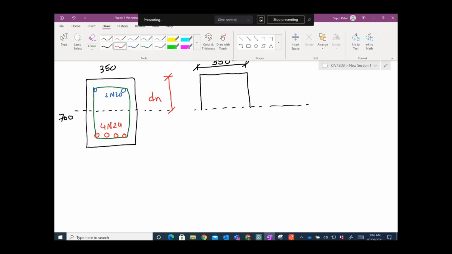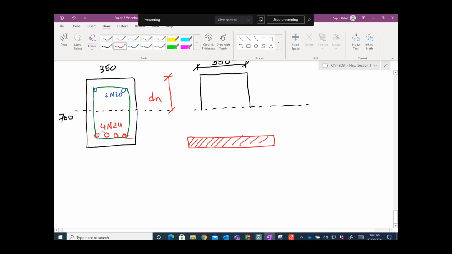Basically you have options: you can either convert steel to concrete or concrete to steel. Because concrete is the big chunk of material here, we just convert the steel into concrete. So below this axis you don't have any concrete, so let me put a chunk of concrete instead of steel.